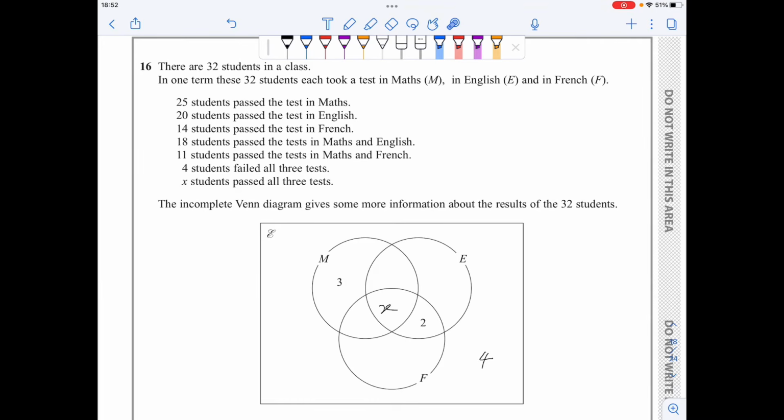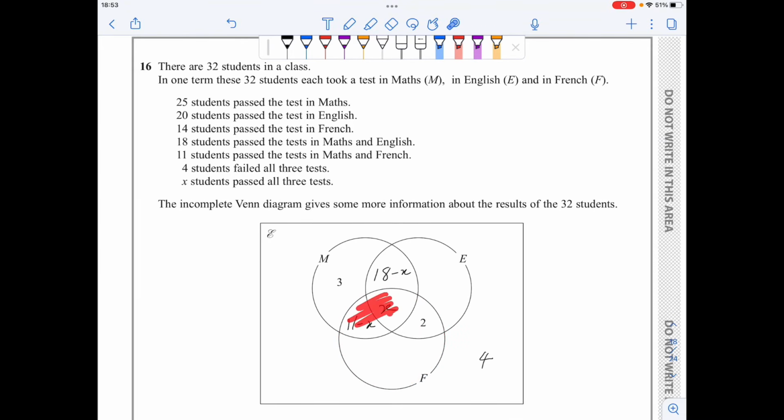And then 11 students passed the test in maths and French, so these 2 regions are 11, so the left part is 11 minus X. Similarly, 18 students passed in maths and English, so these 2 regions are 18, so the top one is 18 minus X. I have 14 students that passed the French test, so the whole circle of French is 14.